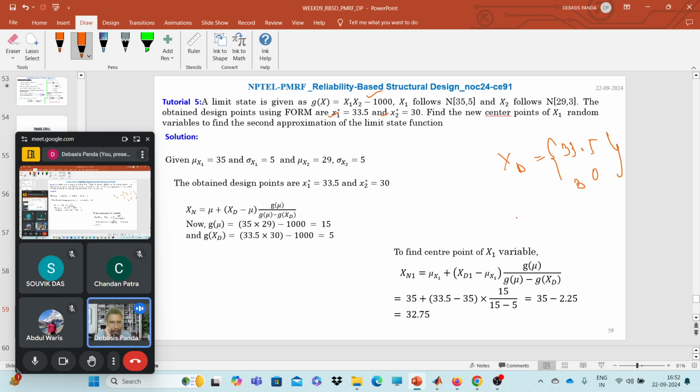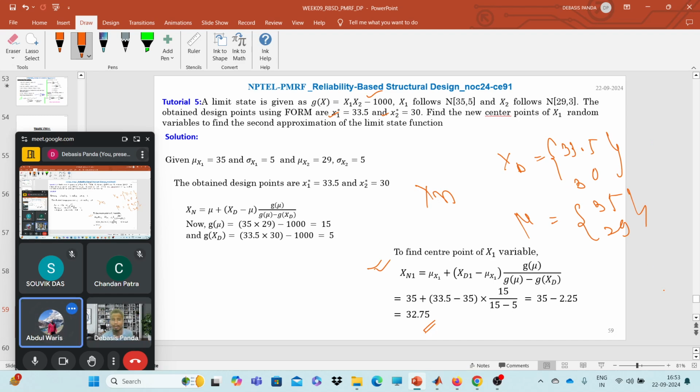Mu is also given, 35 and 29. So you need to find out xn. Directly put in this formula and you will get this, or you can do the interpolation also. Check this with the results. Yes, it's the same, I'm getting the same. So there's nothing to worry about.